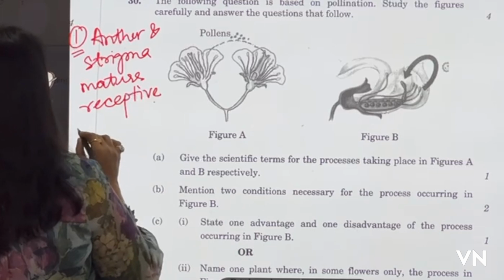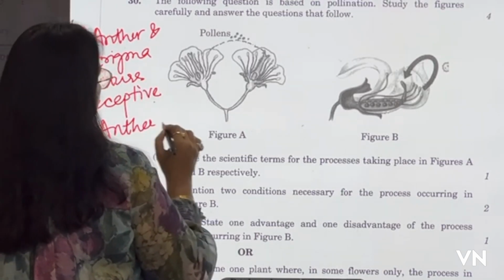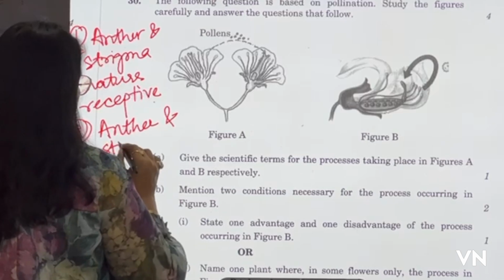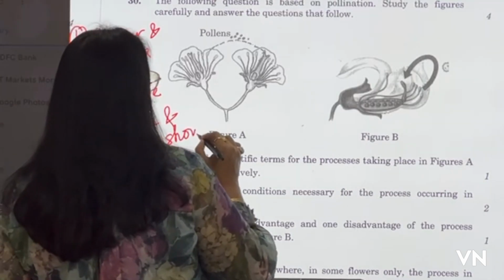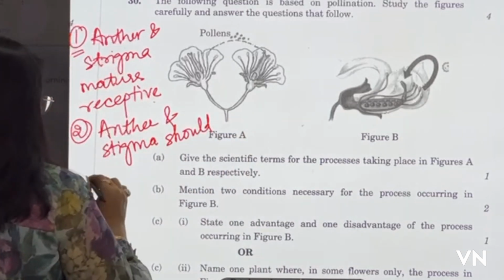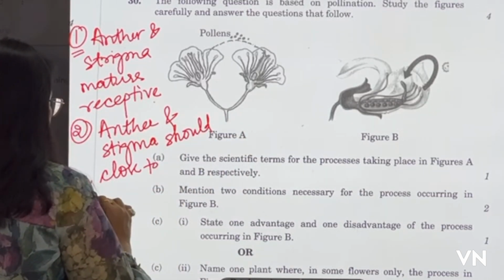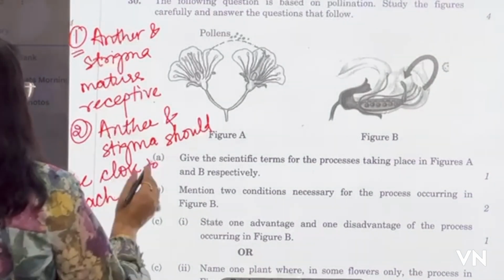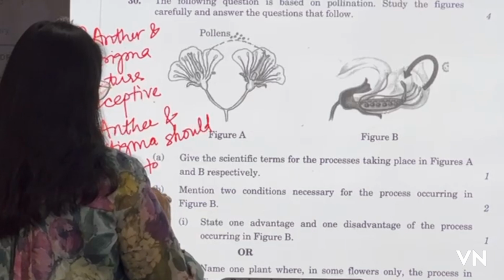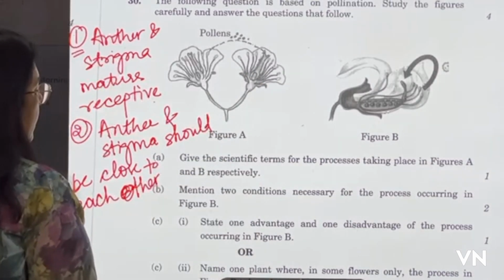And another condition is that anther and stigma should be close to each other, because their position facilitates the process of pollination. There should be no barrier between anther and stigma.